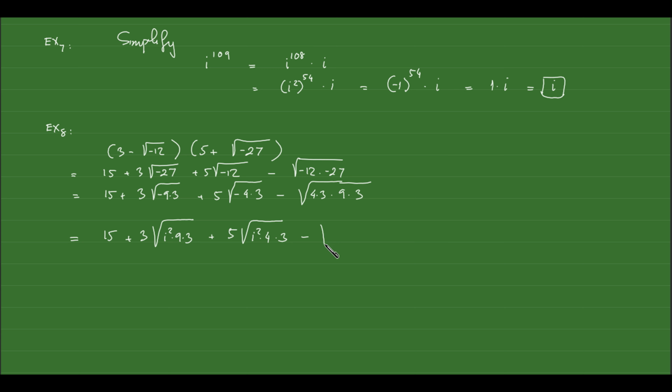Now I can write this as 4 times 9, 3 times 3, there's another 9. Okay, 3 times 3 is another 9. Now, we know that the square root of i squared is i, so we have 15 times the square root of 9 is 3, so 3 times 3 is 9i square root of 3, plus, same thing over here, square root of 4 is 2, 2 times 5 is 10i square root of 3.